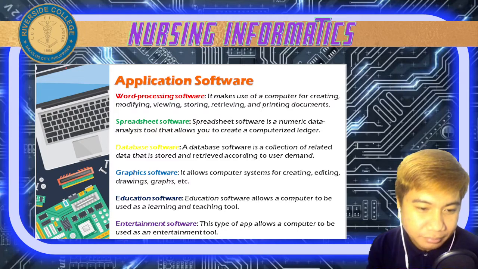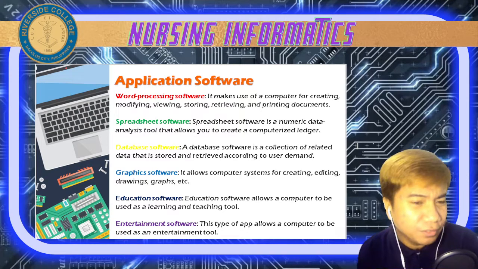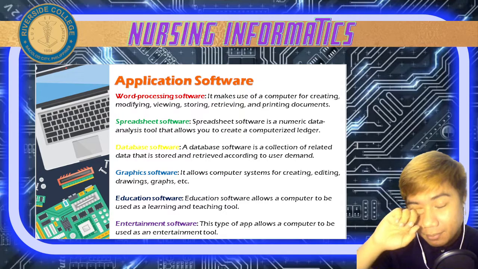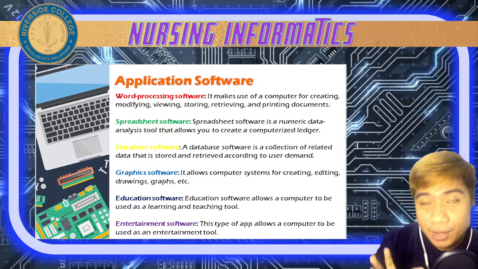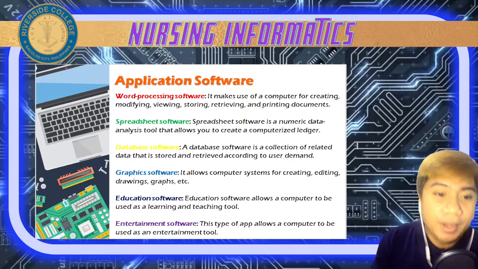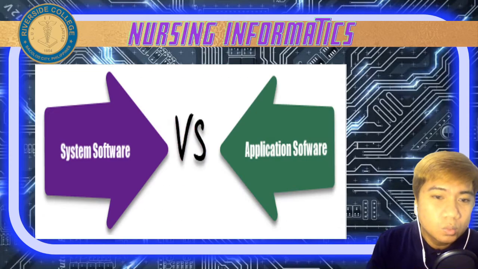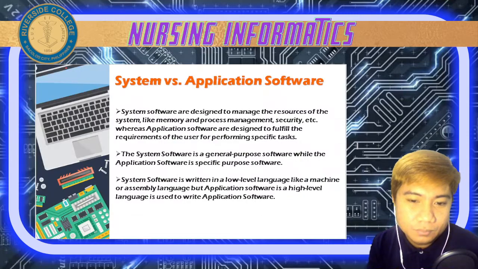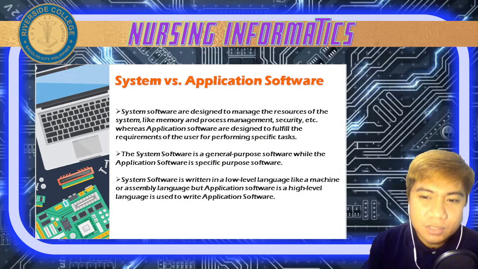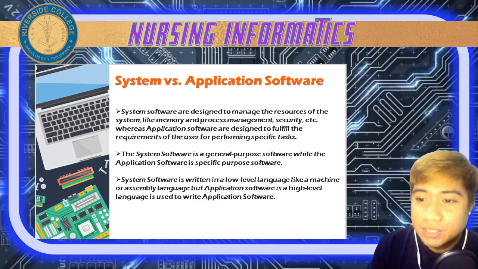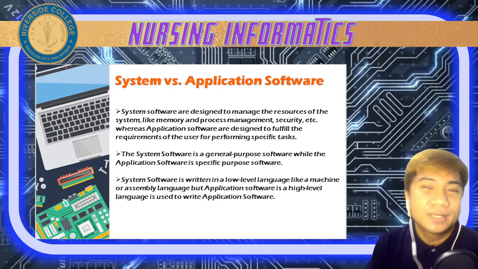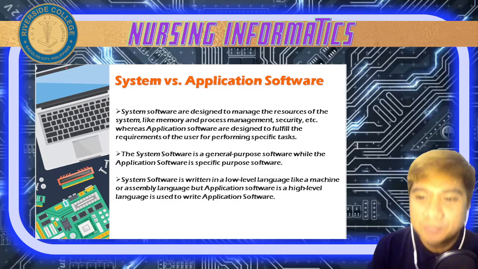Now, you might get confused on the difference between your system software and your apps software. Let's try to compare these two. System software is designed to manage the resources of the system, like your memory, process management, and security.